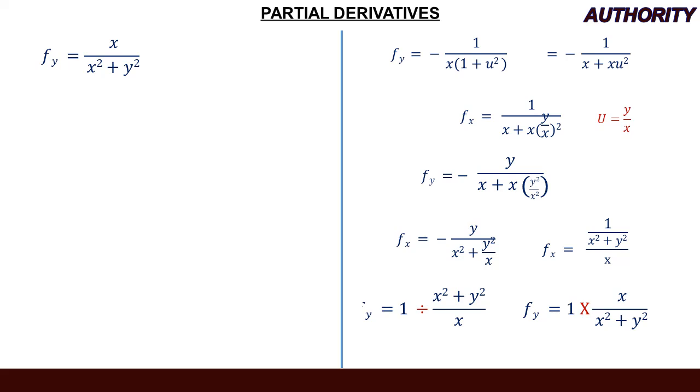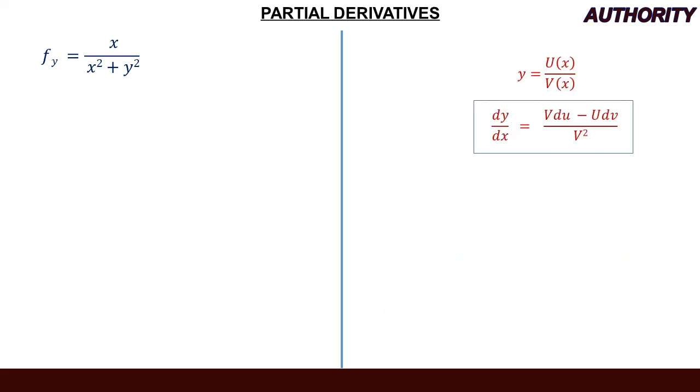Lastly, let's take a look at the second partial derivative of this function with respect to y. Okay, going again, we are also going to apply the quotient rule, and I'm very sure you are very familiar with the quotient rule, right? Look at this. Good. Now let's go.